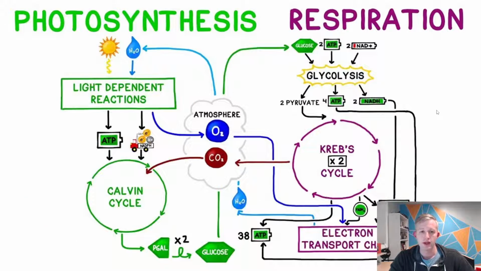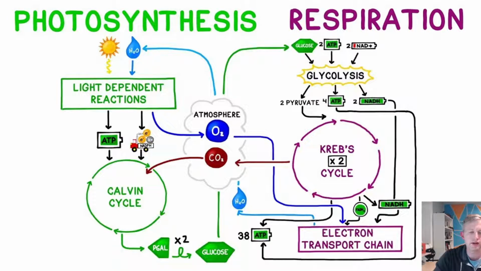This diagram I really like, and it is showing you the connection of photosynthesis and respiration. So look over this and take some time with it and make sure it all makes sense. But I really like it because every single thing has both an arrow coming into it and an arrow going out of it, except for two things.